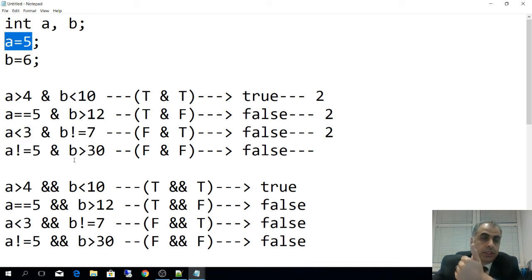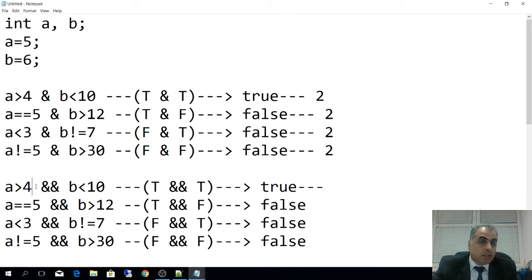This is the first process. B is greater than 30. Is it true? It is not greater than 30, it is also false. So we have 2 processes. You can understand this part. For each comparison, I have just checked each of them, and as a result I put true or false. How many processes did I do for each of them? 2 processes. Let us come to here for the short circuit.